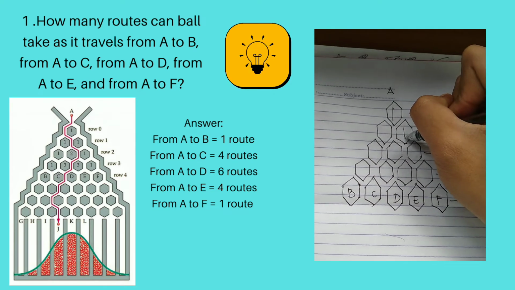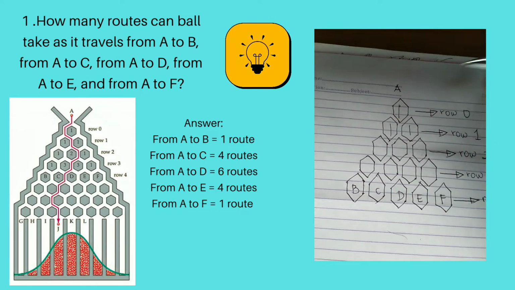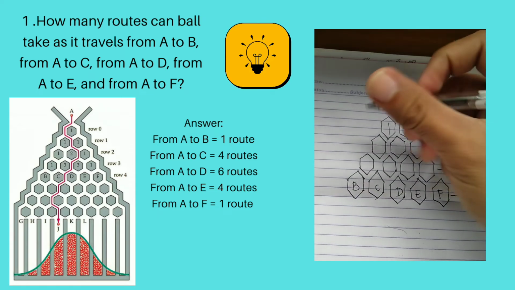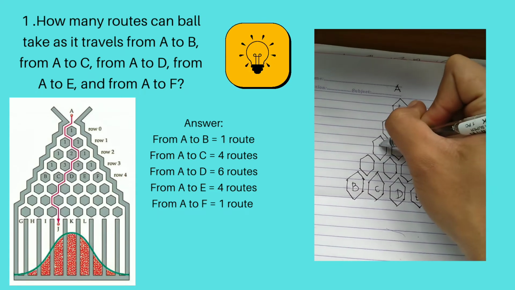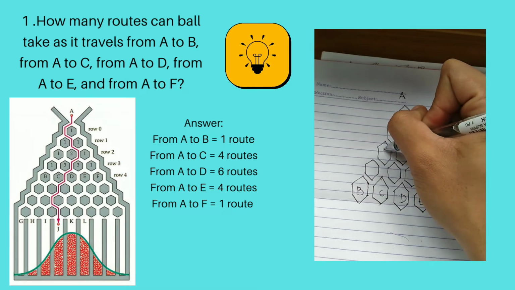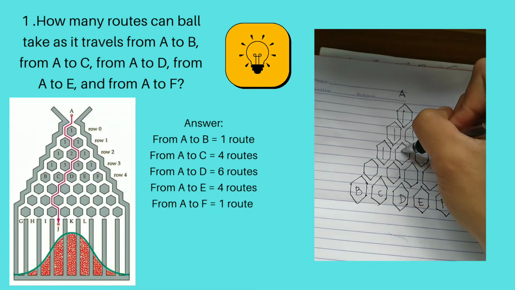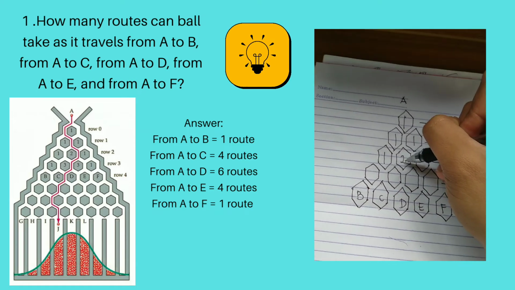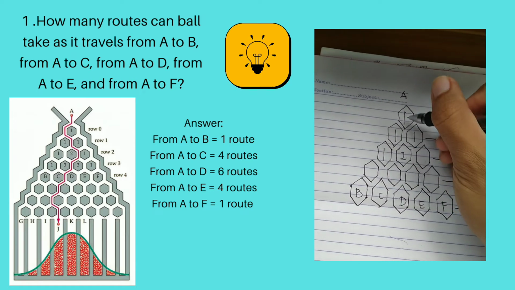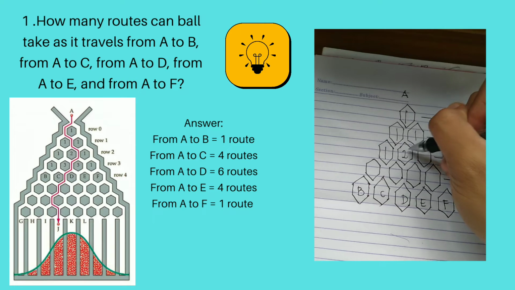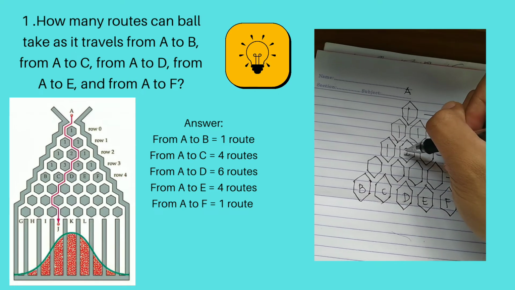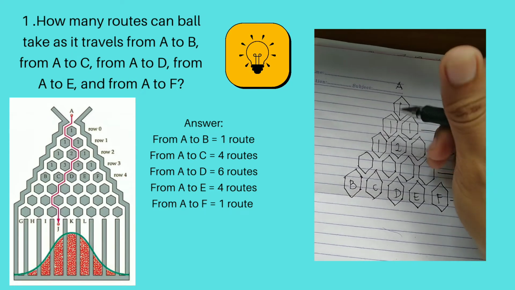There is also 1 route to take from row 1. And then in this row 2, there is 1 route for a ball to go here. And then there are 2 routes for a ball to go here because 1 and then 2. So that is the total of 2 routes.